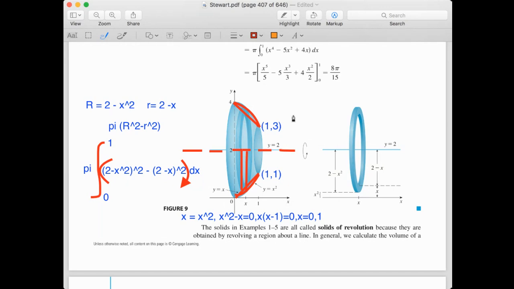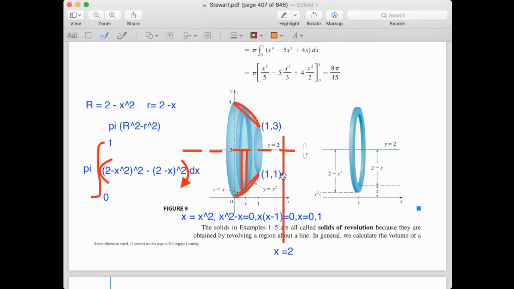Similarly, if we rotate over another line, right? Imagine this piece, we're rotating along, let's say, x equals 2. We're rotating this piece along x equals 2.